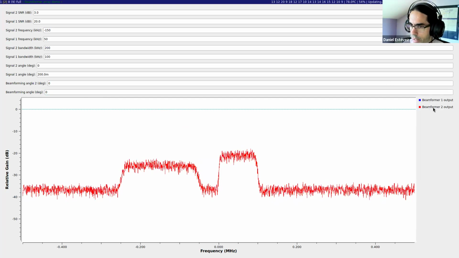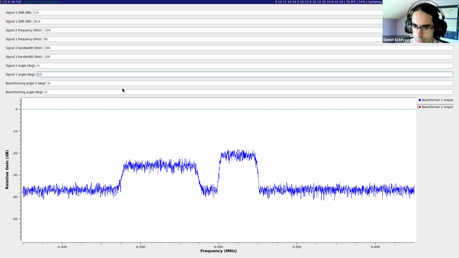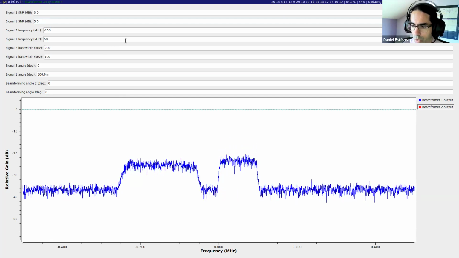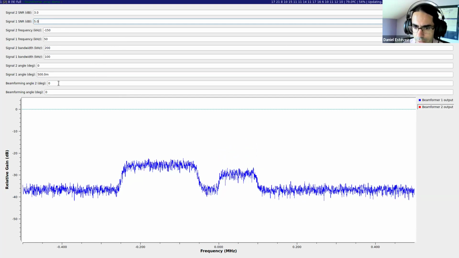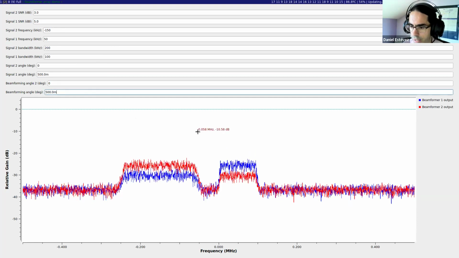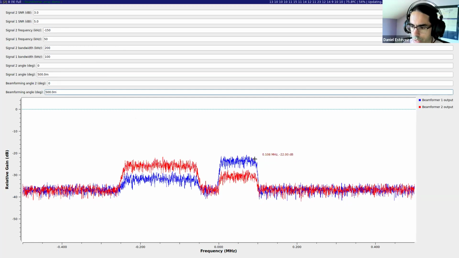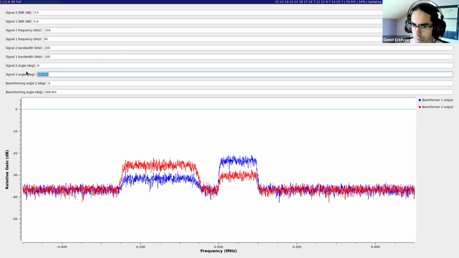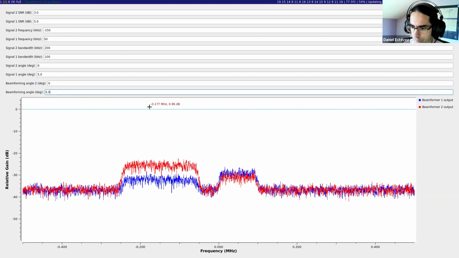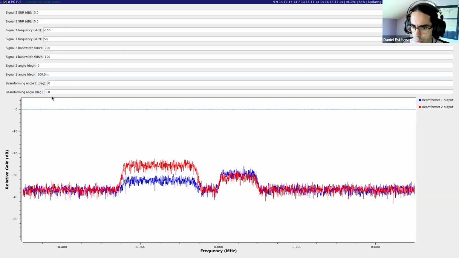So the way I can show that is, for example, let's pretend this is at 0.5, and let's put it back to a more reasonable amplitude. And what happens is, if I set my beamformer to 0.5 degrees, or maybe even let's make it 5 degrees. That doesn't matter, so let's keep 0.5 degrees.